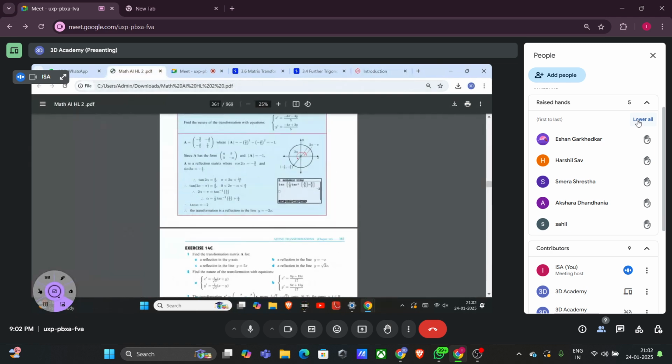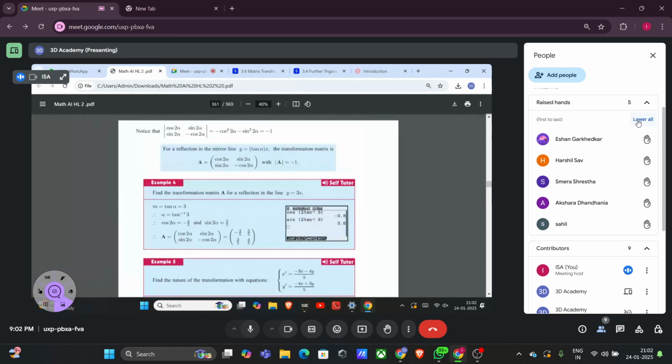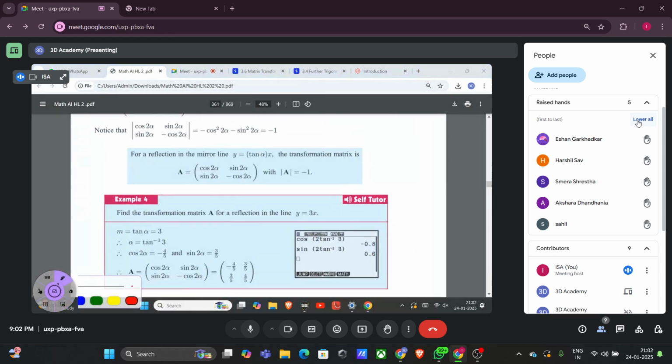Now I have a simple addition to your knowledge here. What is that? See, it is a reflection. It is a reflection when this equation is given and the transformation matrix is this, provided the determinant of the transformation matrix is -1. So always keep one thing in mind. For reflection, the determinant of the transformation matrix is always -1.